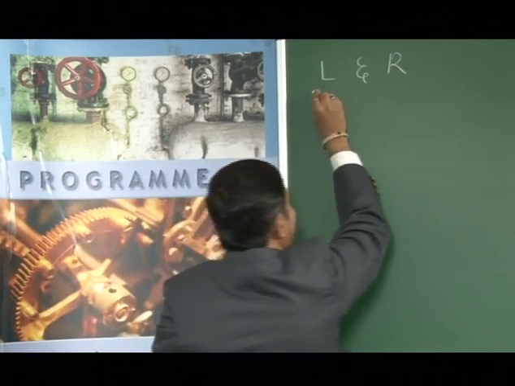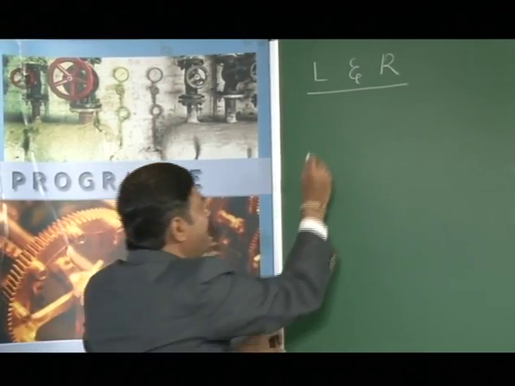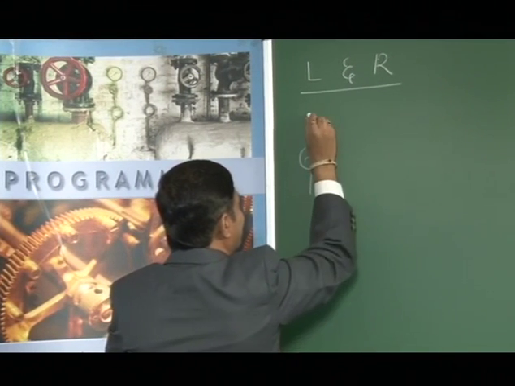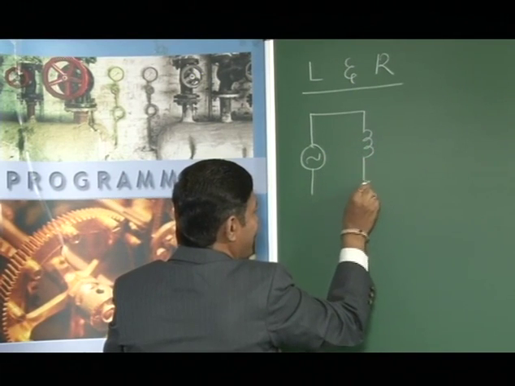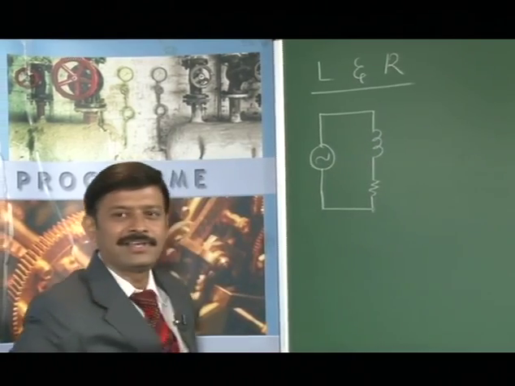So, I will take L and R initially and draw the circuit. It is an AC supply connected to the inductor and resistor, both connected in series.